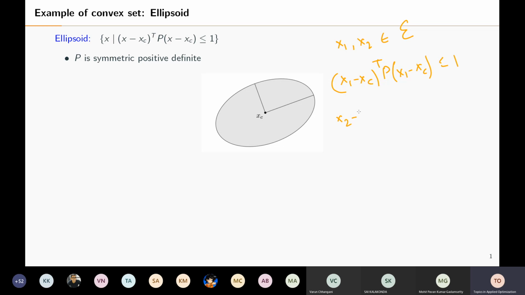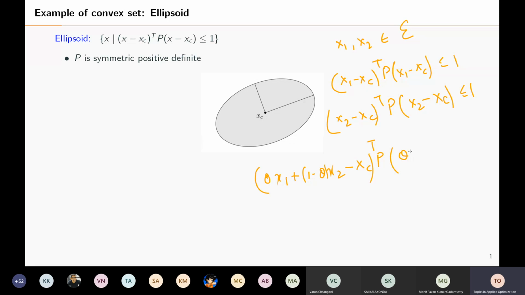Similarly, (x2 minus xc) transpose P (x2 minus xc) is less than or equal to 1. And then you have to check whether theta x1 plus (1 minus theta) x2 is in the set. It becomes long now, but it should be possible.